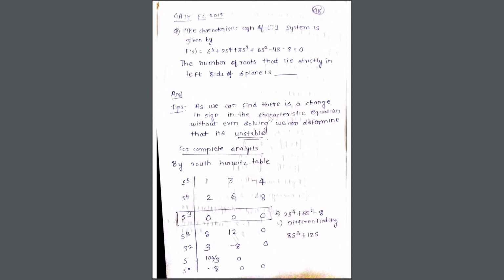If in a question they give you a characteristic equation and ask whether the system is stable or not, just see the equation. If there's a change in sign in the equation only, you can directly say that the system is unstable. Hence, I have written a tip here which can be very useful in competitive exams, where time really matters.